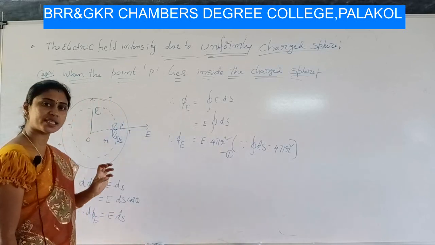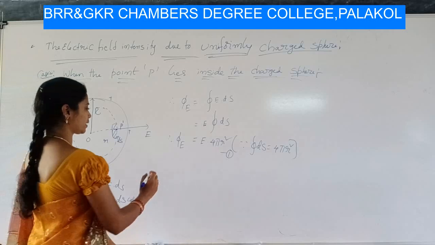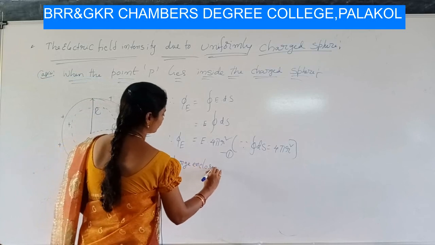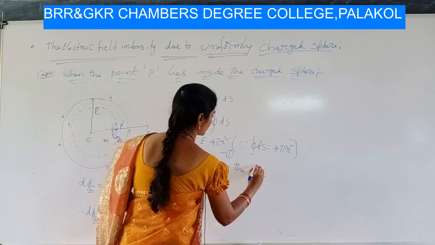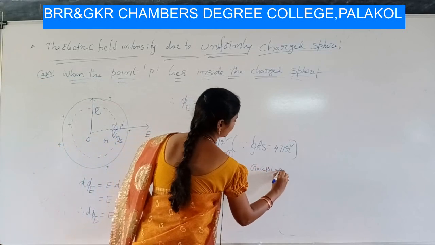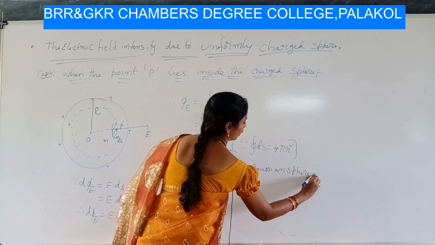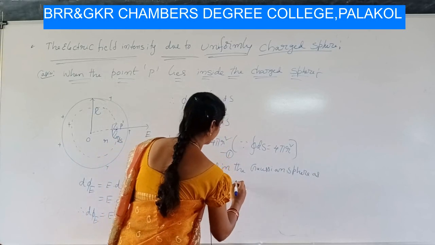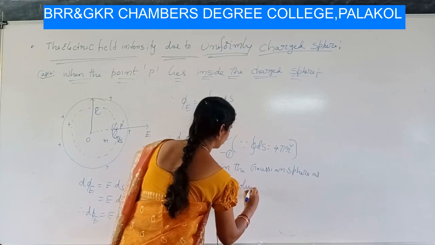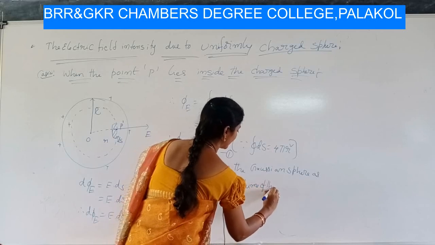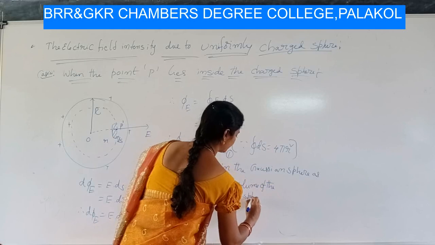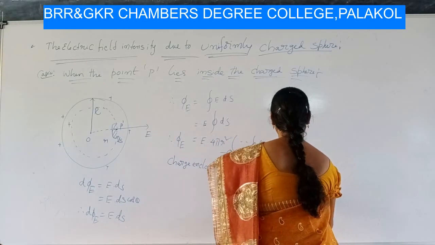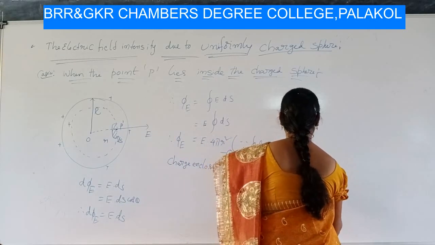So the charge enclosed in the Gaussian sphere can be calculated as the volume of this Gaussian sphere times the charge per unit volume.